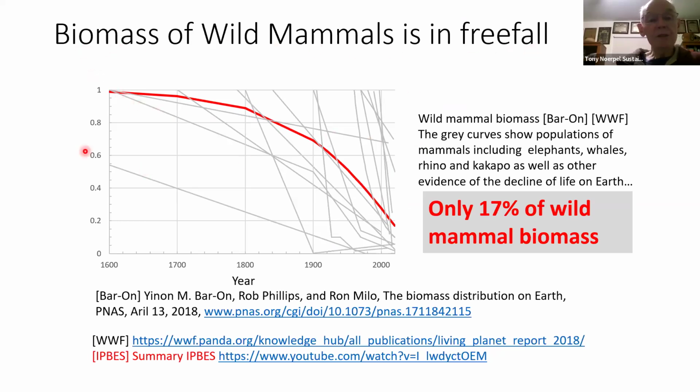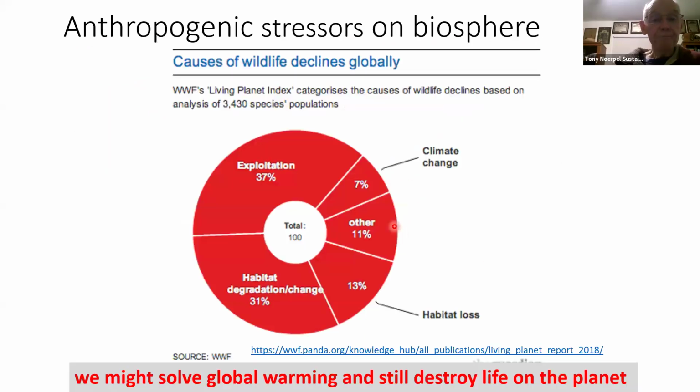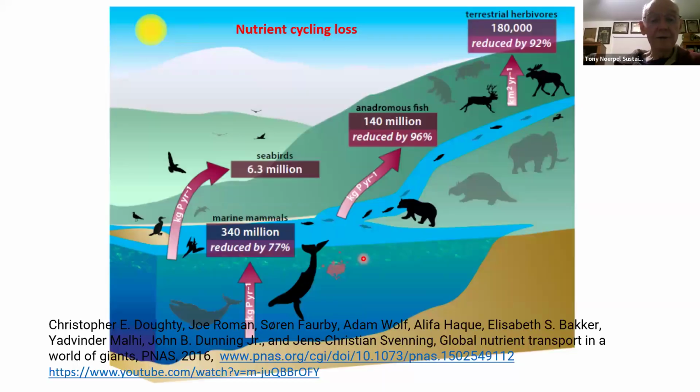Biomass of wild mammals is in free fall. 17% of wild mammal biomass remains. Anthropogenic stressors on the biosphere: climate change is only 7%. Exploitation is 37%. Habitat loss and degradation is 44%. And this is pollution, and this might even be more than this now. There are some bad things that we're putting into the environment that are not helpful.